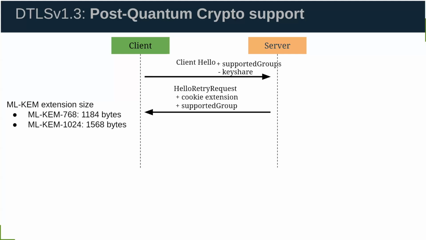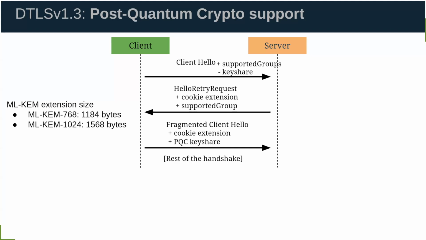And at this point, the server sends back the hello retry request with a cookie, and the server can also say to the client that it will be able to use ML-KEM. And at this point, the client sends a client hello, but now that we are not stateless, we can fragment this client hello. So this client hello can come in several datagrams, be reconstructed on the server side, and we can recover the bigger post-quantum key share on the server.